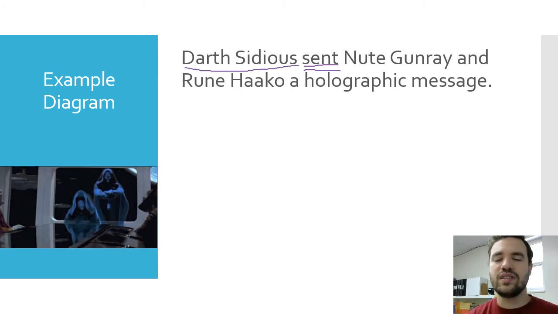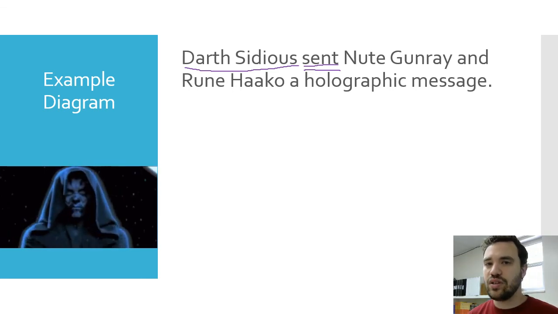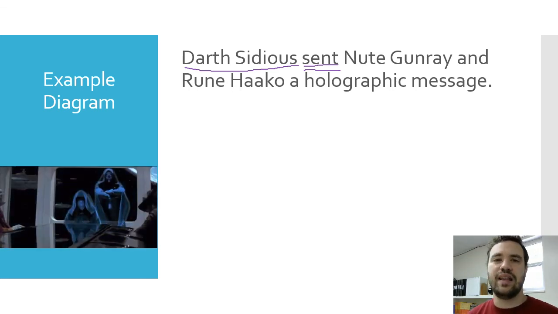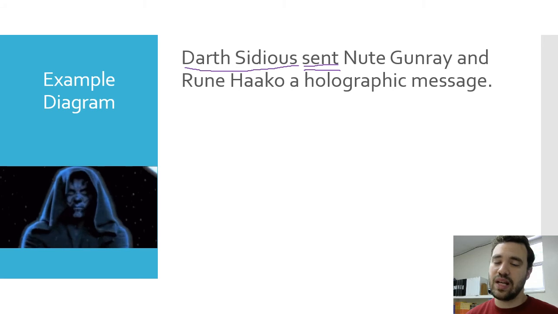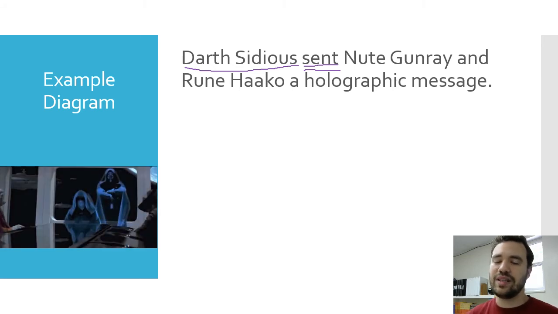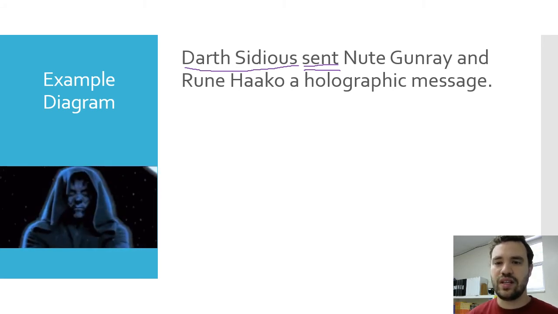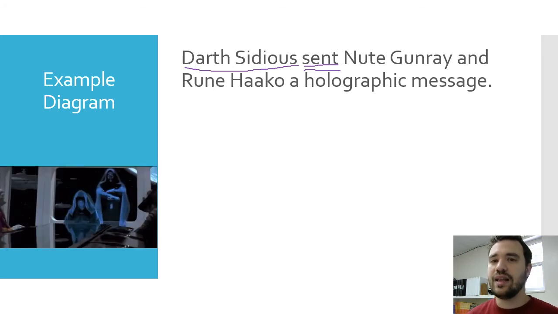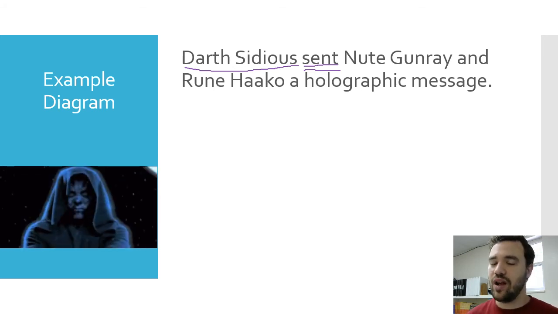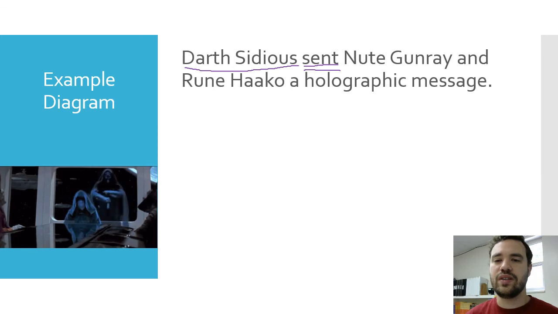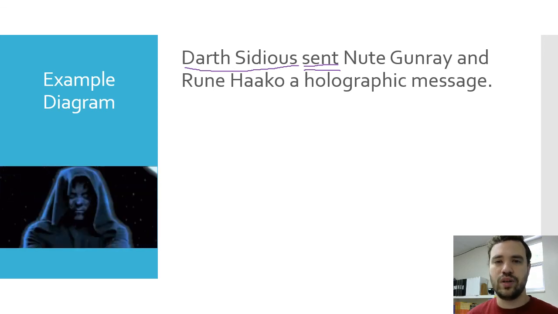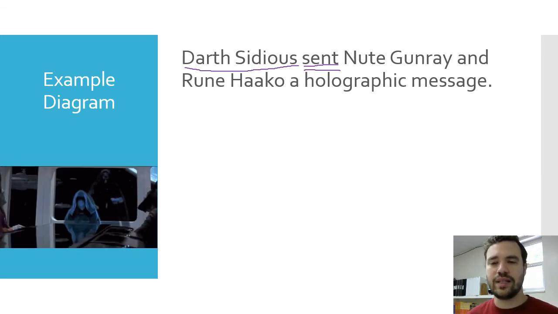Now notice this is all the simple subject even though it's two words because that's a name. And sometimes names are more than one word, but it's still one person. So Darth Sidious is all one person. The same is going to be true later on. All right, so Darth Sidious sent whom or Darth Sidious sent what?